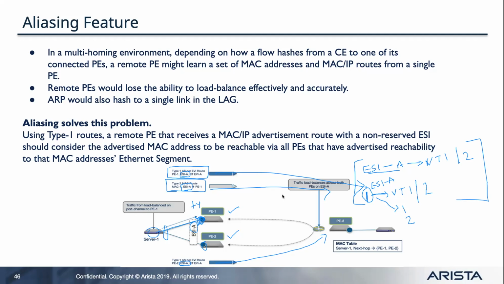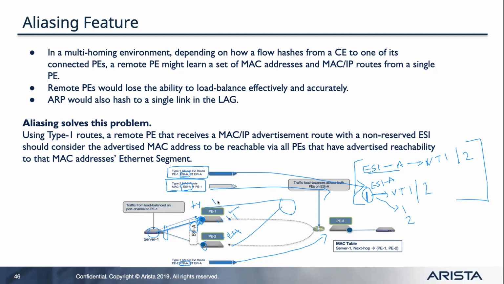This is called aliasing. Remote VTAP will understand that, because in MLAG the VTAP IP for both is the same, 1111, so you know you can send the packet to VTAP 1111, and the spine will advertise either of these based on ECMP.